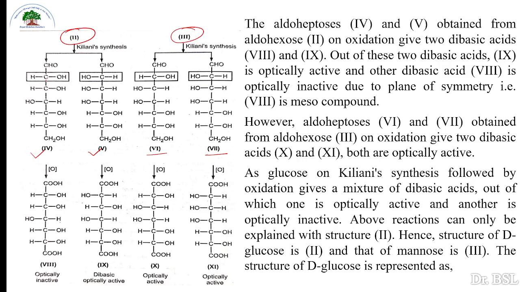Because when we increase one carbon atom, it may have either OH on the right side or OH on the left side. These two possibilities are there, and all the remaining structure is the same. So there are two isomers, known as enantiomers.